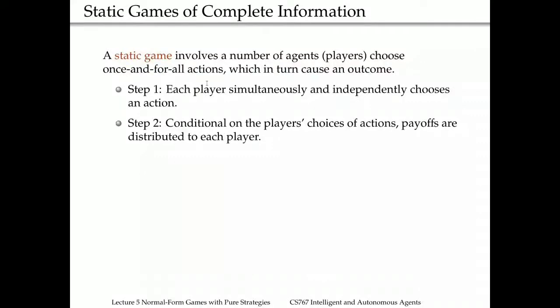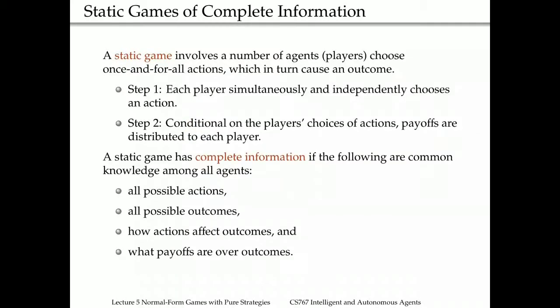So this is what I really mean by simultaneously. It doesn't mean that they're making the choices at the same time. It's just that they're seen to be simultaneously making these choices. And step 2 is that, conditioning on the players' choices, there will be some payoffs that are distributed to each player, right?